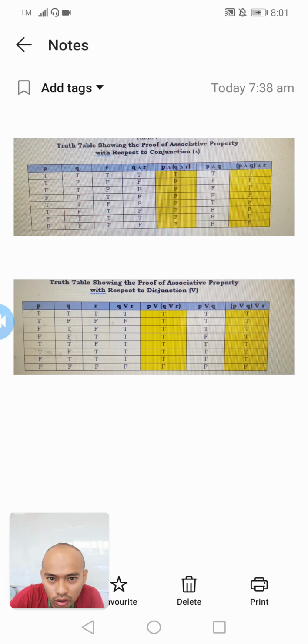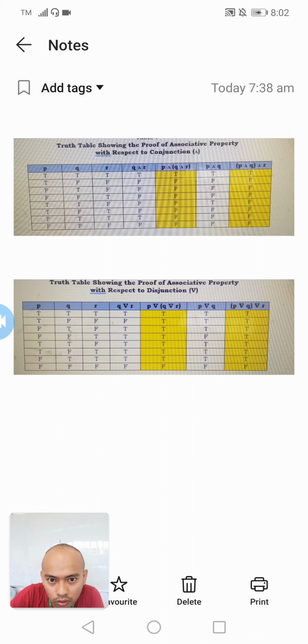For the third row, your P or Q is T and your R is false, so therefore it is a true statement pa rin yan kasi at least one is true. Your P or Q is false while your R is true, and that will also be true. Okay?